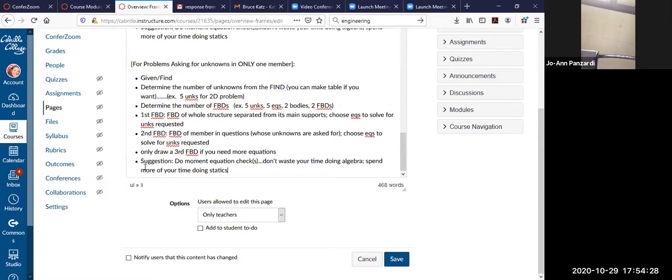Okay, that took a long time. Does that seem clear? If you're looking for all the unknowns, just pick the number of free body diagrams you need, do sum of the forces in X and Y, and solve it with matrices. If you're looking for the unknowns only in one body, then only draw 2 free body diagrams to start, the whole structure and the member in question, and solve for unknowns. Choose whatever equations find those unknowns, and then draw a third free body diagram if you need it. I'm going to save it.